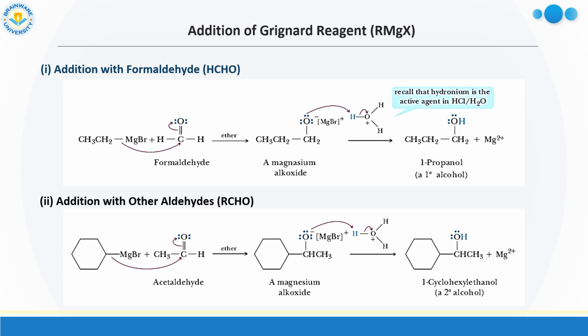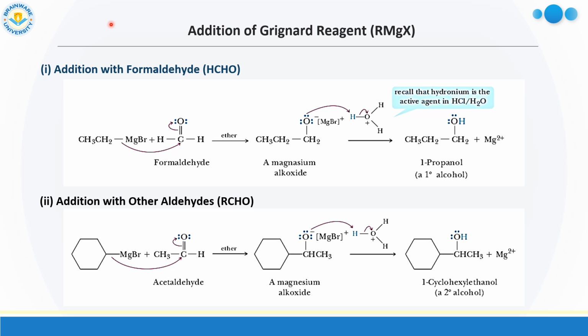Next is a very important reaction, addition of Grignard reagent, RMgX. R may be any kind of alkyl group, magnesium, and X is a halide.